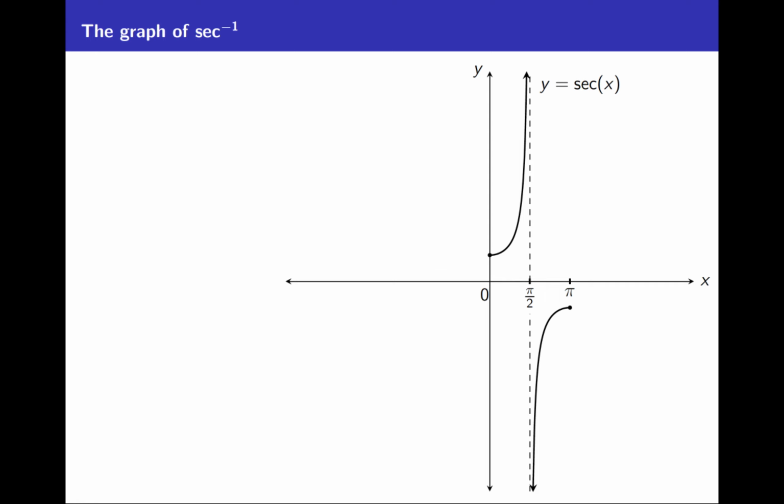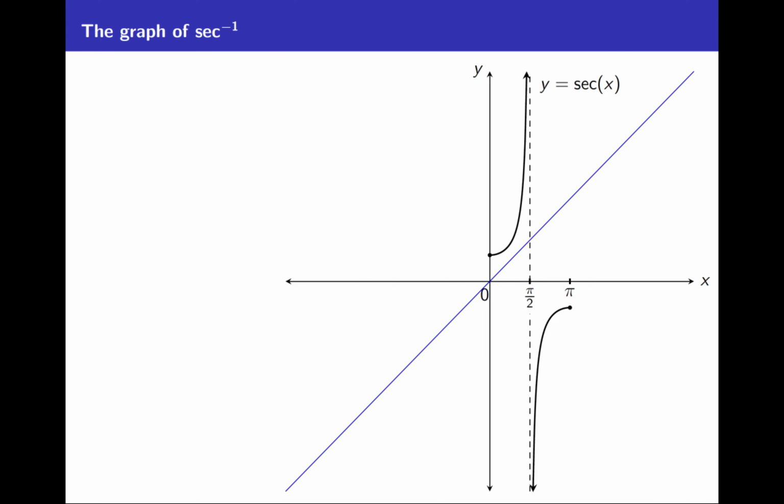Let's talk about the graph of secant inverse. So secant inverse is the inverse of this restricted secant function. And we're going to reflect that across the line y equals x to get the graph of secant inverse.